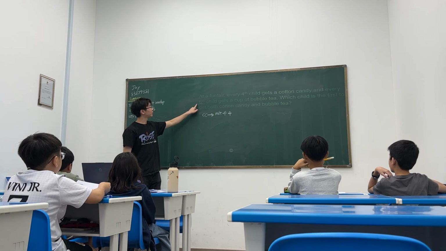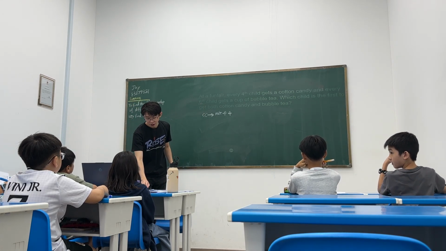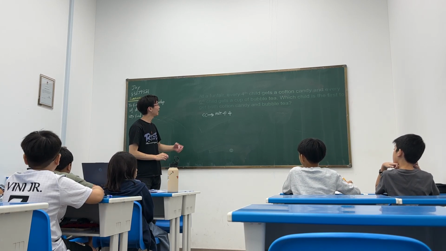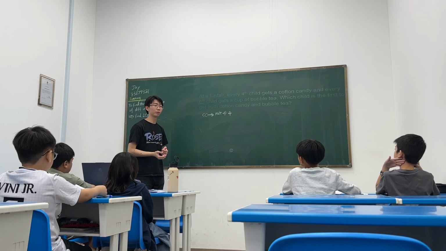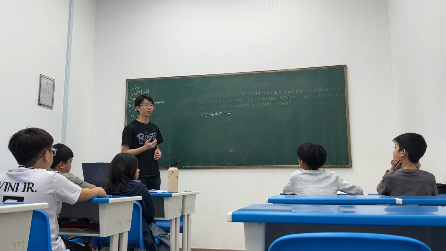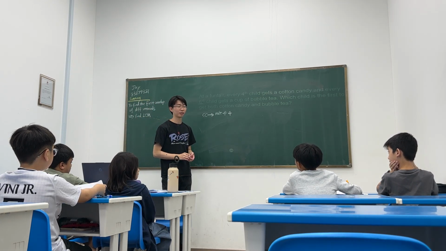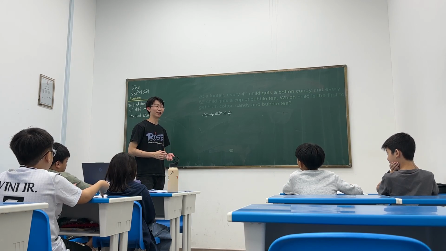Alright, similarly, to get the cup of bubble tea, it should be a multiple of what number? See, every 6th child gets a cup of bubble tea. So, to get a bubble tea, this position of the child, it should be a what? 6. And other numbers? 12. So, what are the characteristics for this list of numbers?